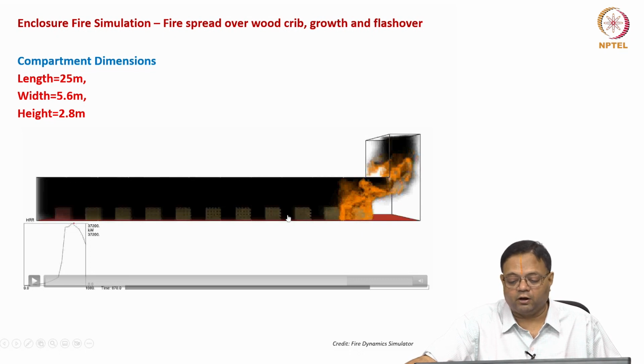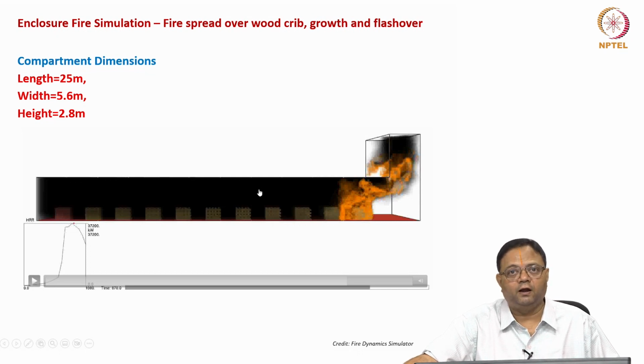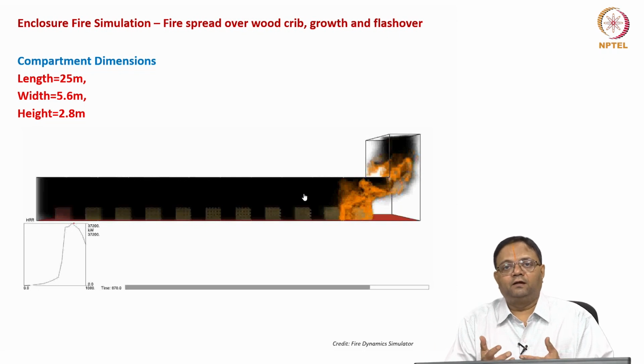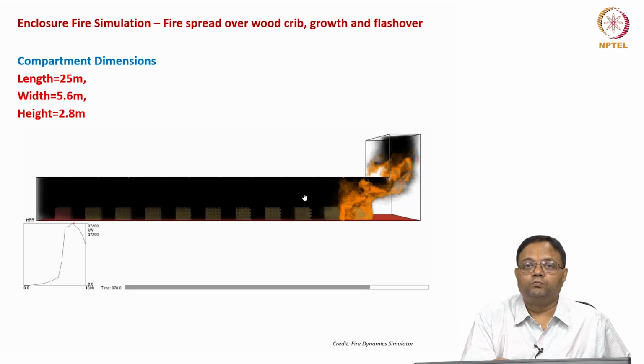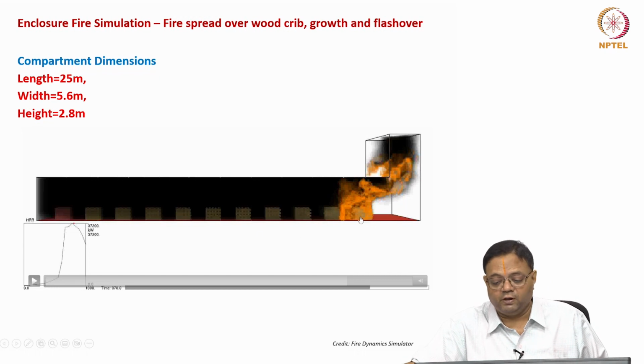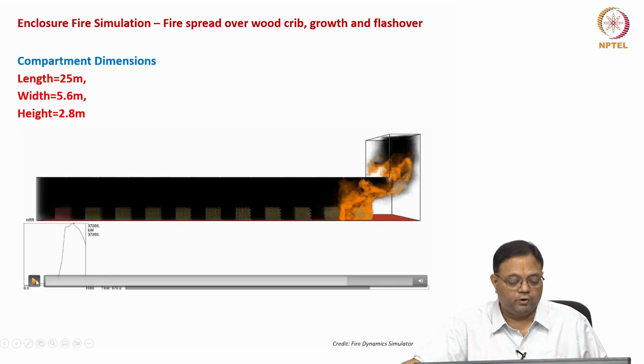These intermediate cribs are not actually fully burnt, because once pyrolysis has occurred from all these cribs, the fuel vapors or fuel gases would have gone to the smoke layer, and this air which is already there, which has come in due to the entraining of the ambient air, would have caused the premixed gases to burn here, but still the entire wood cribs in between these layers have not fully burnt. But if you see, the last crib is burning because now it receives oxygen from the ambient and it is burning for some longer duration.